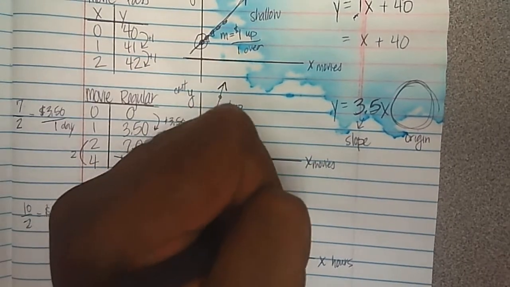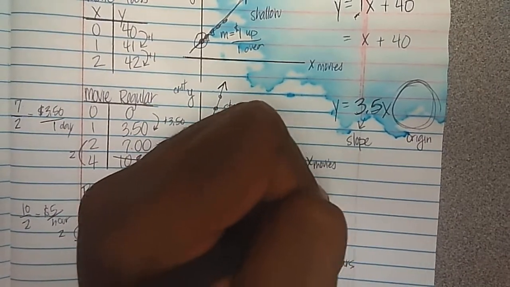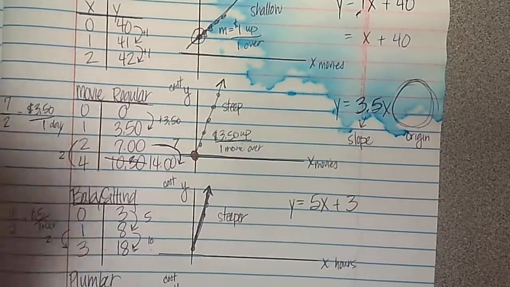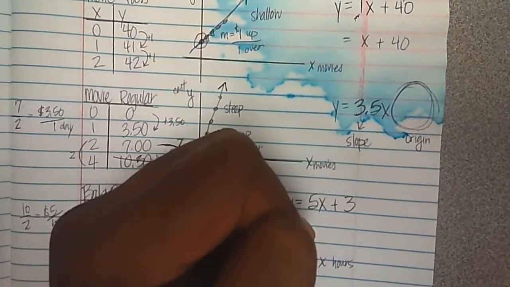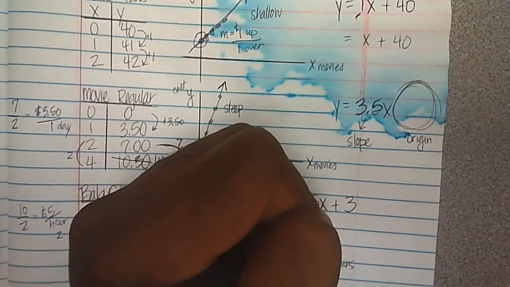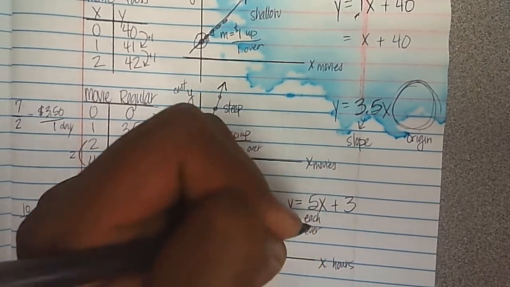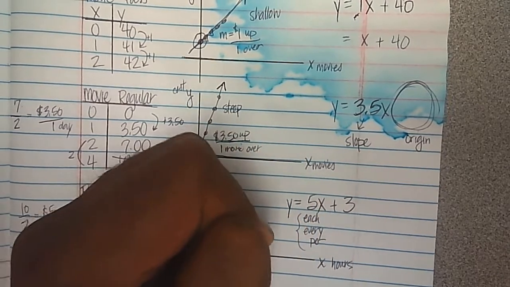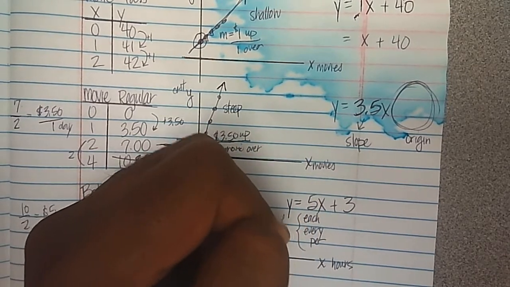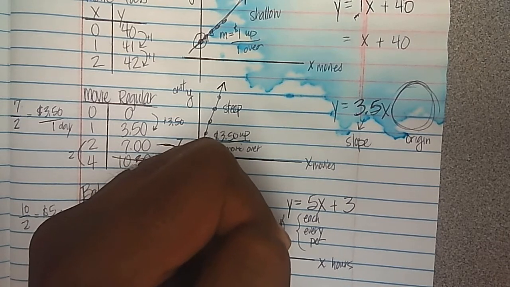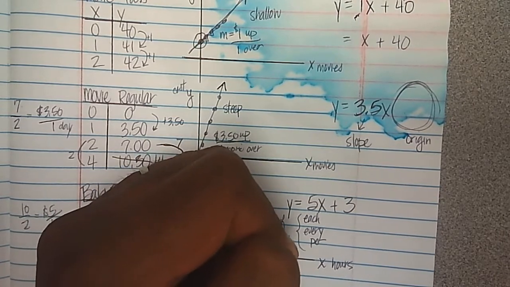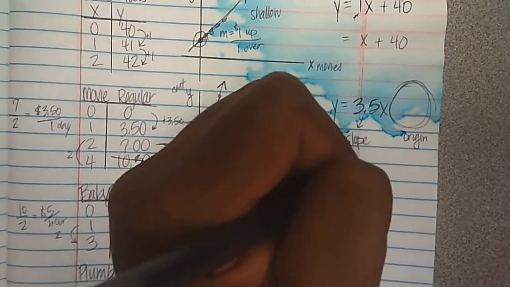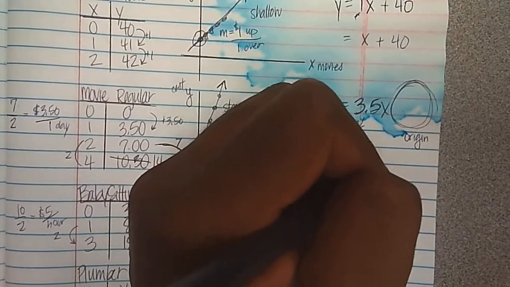And this one was y equals 5x, $5 per hour, plus the $3 flat fee. So every time it says each, every, per, that's going to be your rate of change or your slope. And that starting point is your y-intercept.